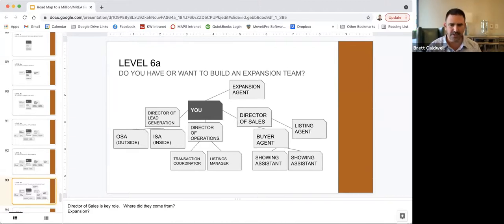And you'll see director of sales is a big role at level 6, because ultimately that director of sales role is the driver. It's the person that's going to drive all that success.